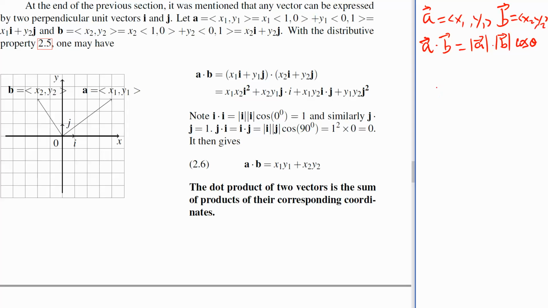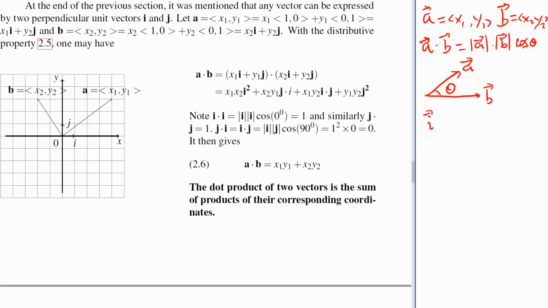Okay, let's say here is A, vector A, and then here is B, and then here will be theta. Okay, so we know we have introduced two special vectors.